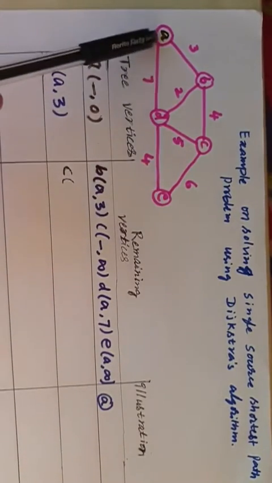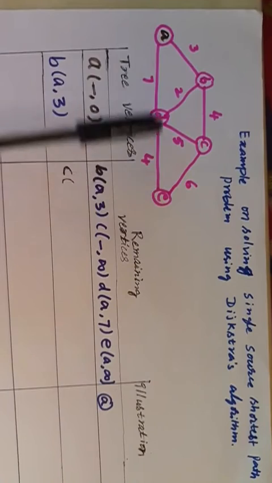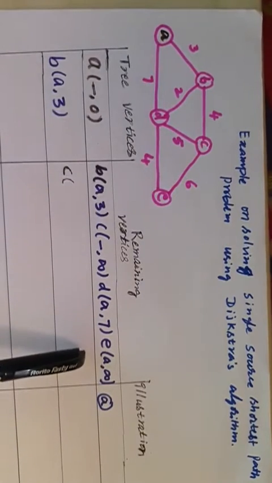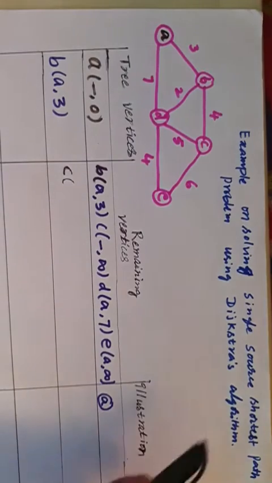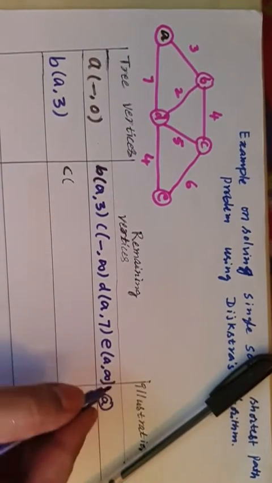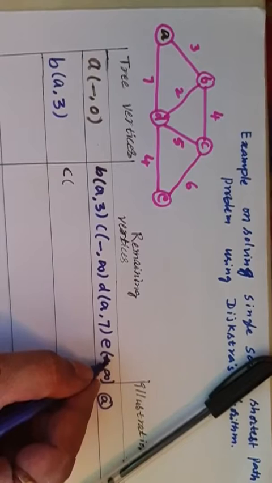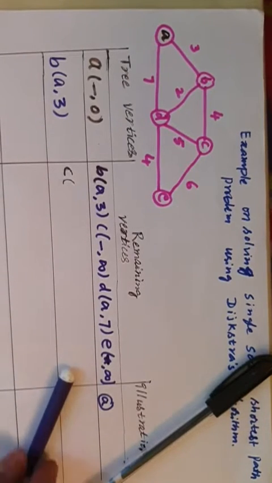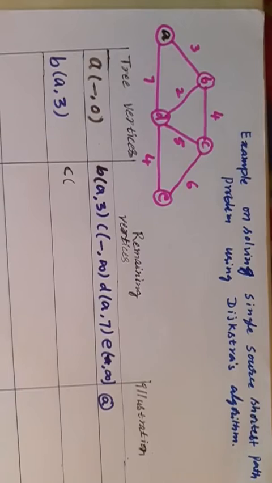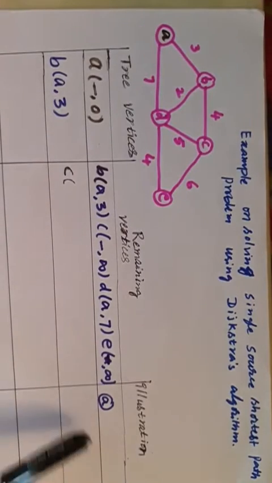For e, at present we can't reach e from a, so it is null, infinity. Now the illustration: I have taken only one vertex, that is a.